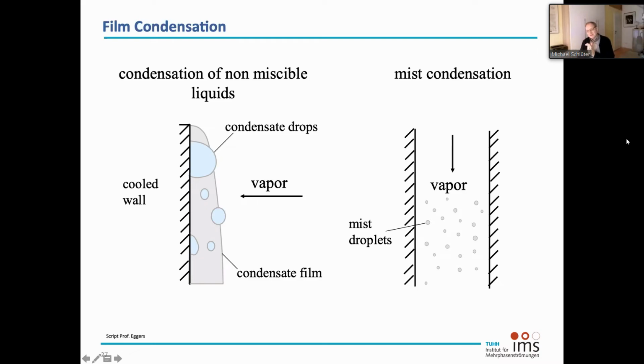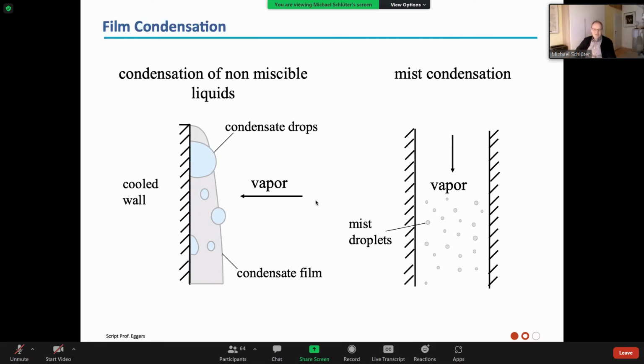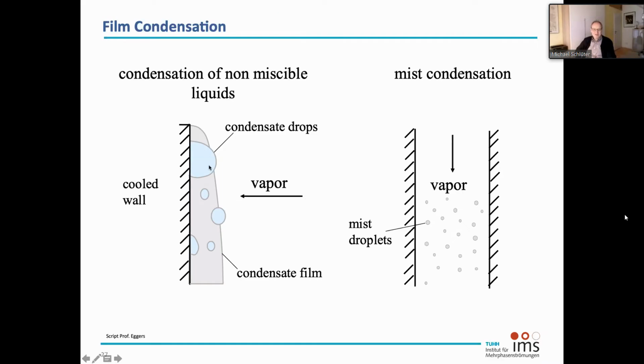Yeah, a milligram of water has a much lower volume than a milligram of water steam, as you know. And therefore, if you have a condensation here, then you have a strong vapor flow to the surface. And this means that oil droplets are always transported to the surface as well, and they may stick at the wall, and they might isolate your good conducting surface here. Yeah, this might be a problem.